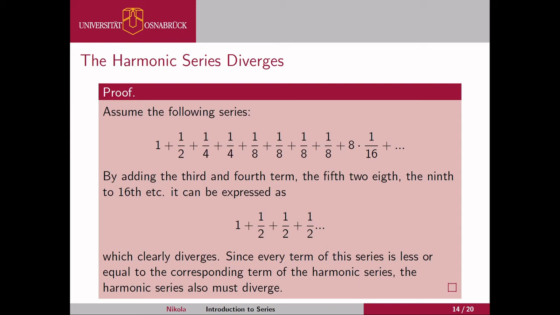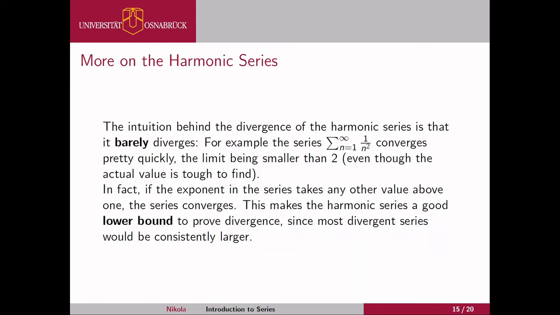There's an infinite number of terms, so you can also generate an infinite number of terms 1/2. And since this series is diverging, and the harmonic series is clearly larger than this series, the harmonic series must obviously also diverge. So as shocked as you might be that the harmonic series diverges, it actually definitely does.